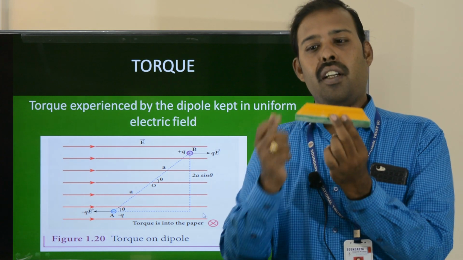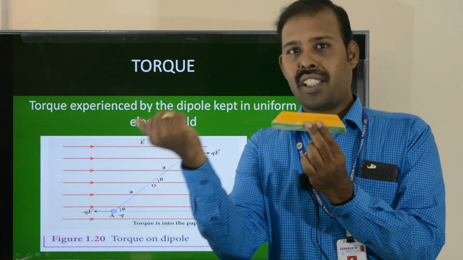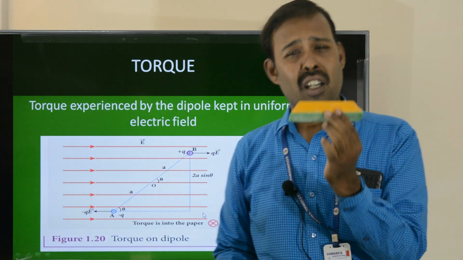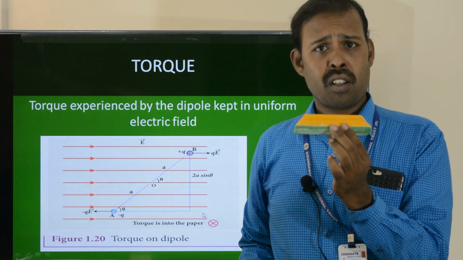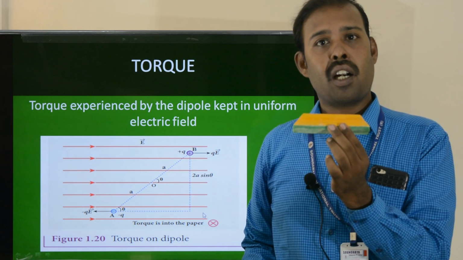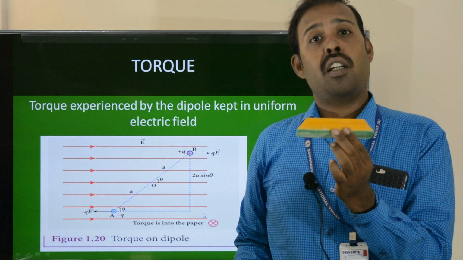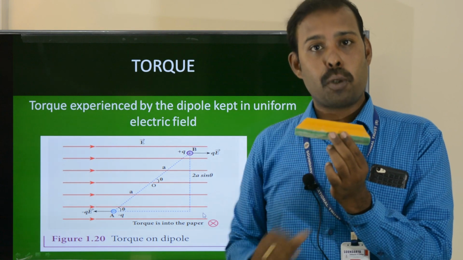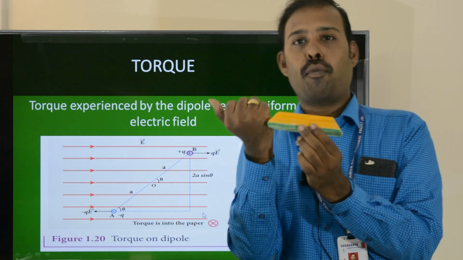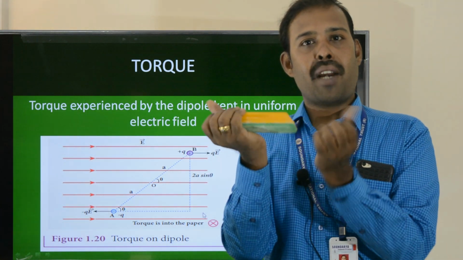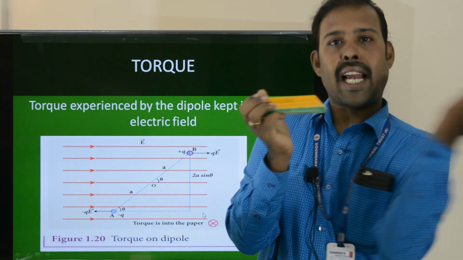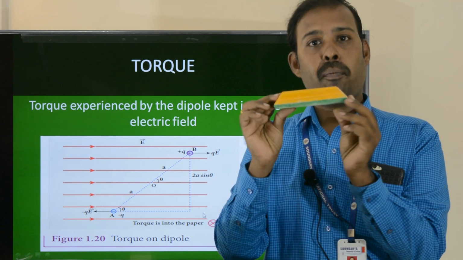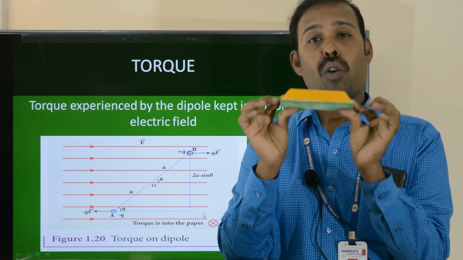For example, if I apply one force along this side and another force along this side, both equal in magnitude but acting in opposite directions, what happens to this body? It will rotate.